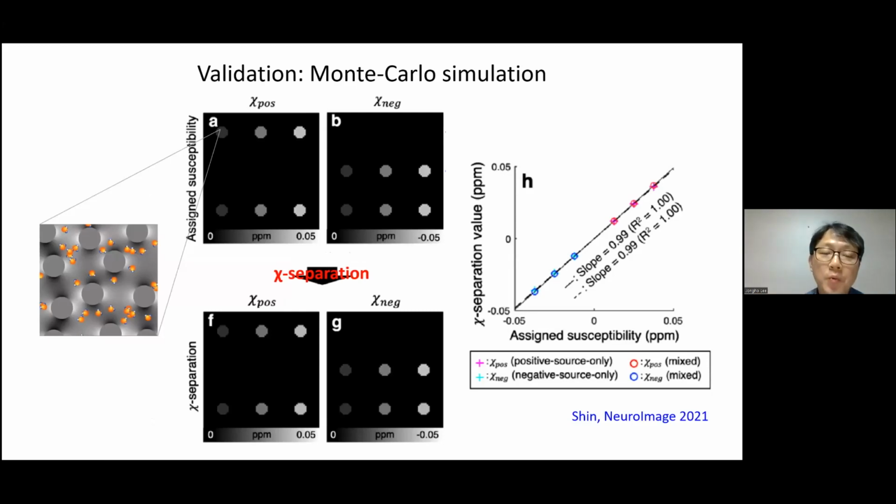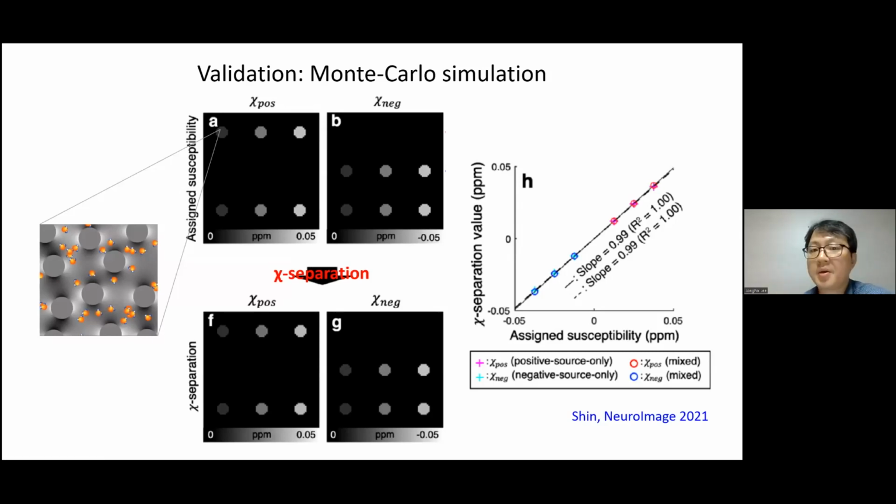Anyway, we tried to validate this idea by first using a computer simulation, a Monte Carlo simulation. We designed a total of 9 cylinders. The first row has different concentrations of positive susceptibility sources only. The second row has negative susceptibility sources only. The third row contained both positive and negative susceptibility sources.